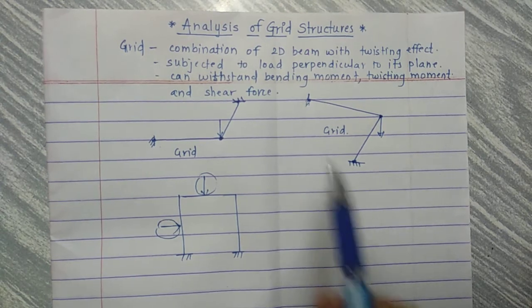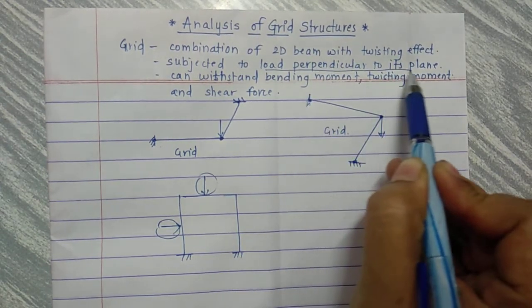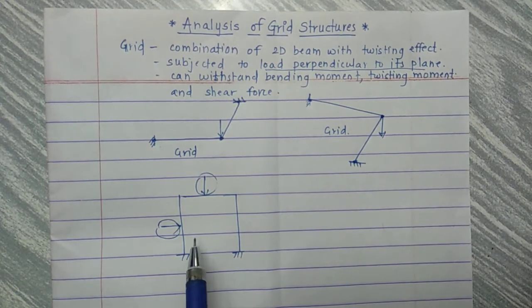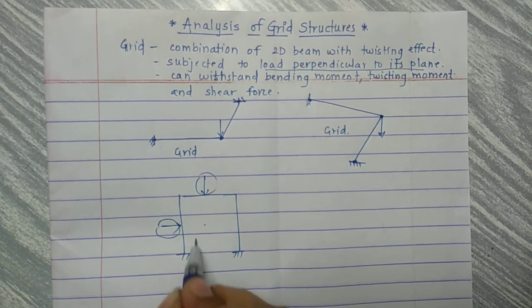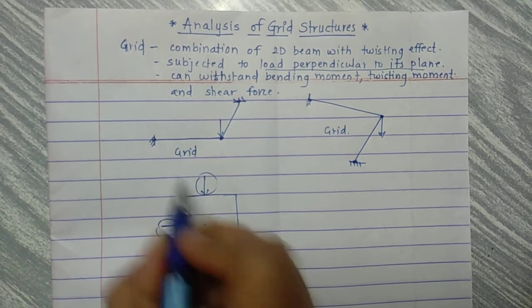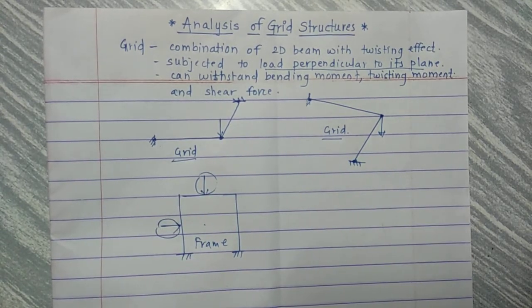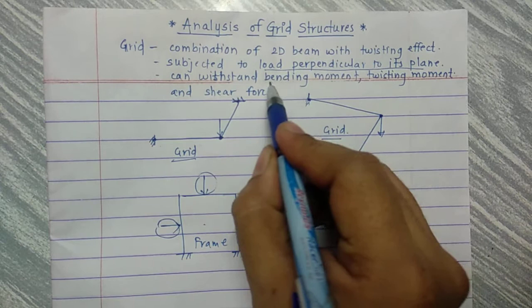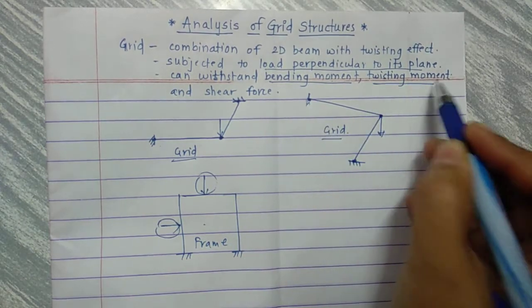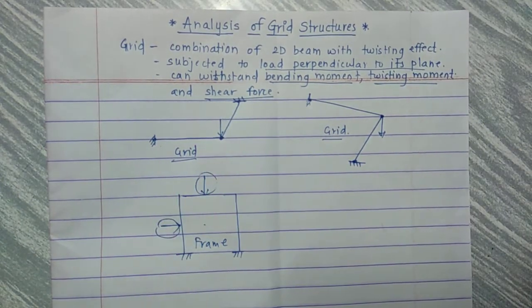In grid the load is perpendicular to the plane, whereas in frame structure the load is in its own plane. So here this is a frame and these are the grid structures. As the load is perpendicular to the plane, it can withstand bending moment, twisting moment and shear force.